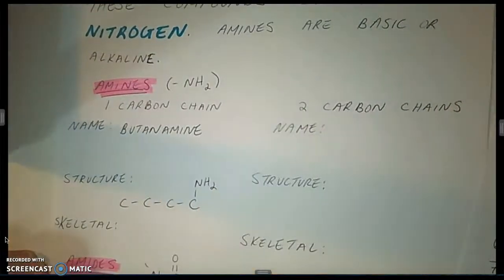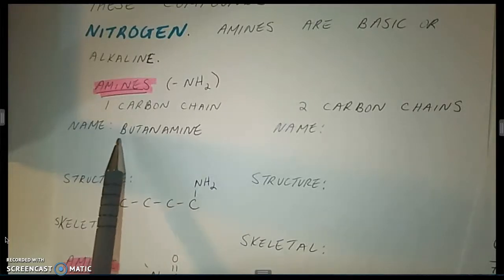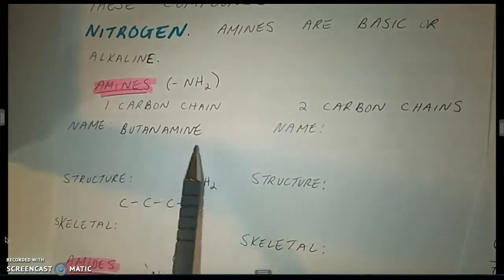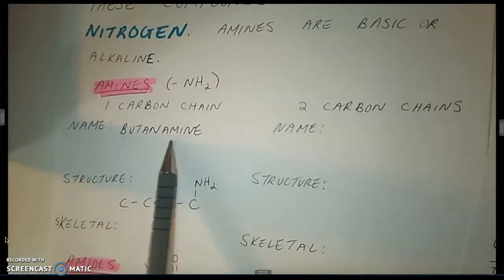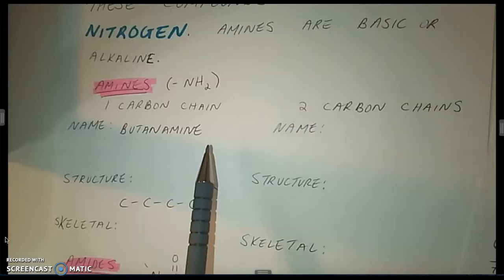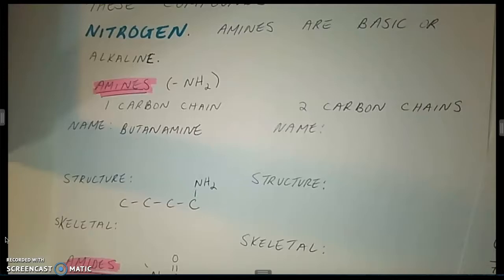NH2 on that carbon. Now, you might be wondering, how did you know which carbon to put it on? I used an organic chemistry trick: if there's no number given in the name to indicate where to put the functional group, then you can assume it's on the end. That's a bit of organic chemistry shorthand we sometimes use.